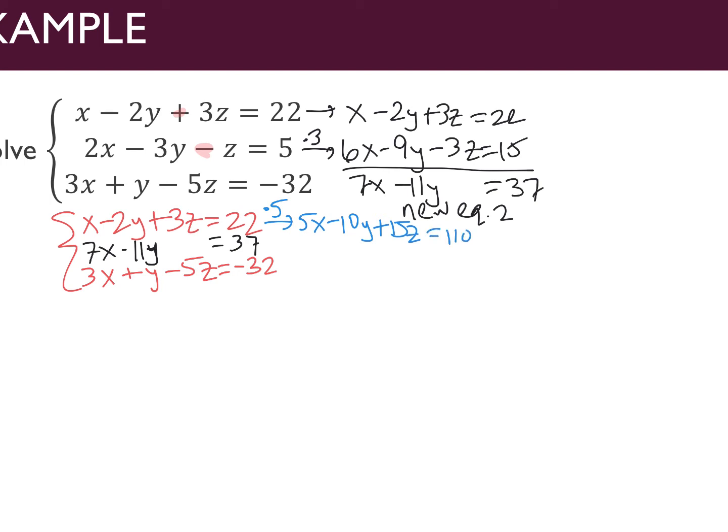And then we're going to multiply equation 3 by positive 3, because they're already opposite signs. So 9x plus 3y minus 15z equals negative 96. Okay, so the z's cancel. 14x minus 7y equals 14. And that's our new equation 3.